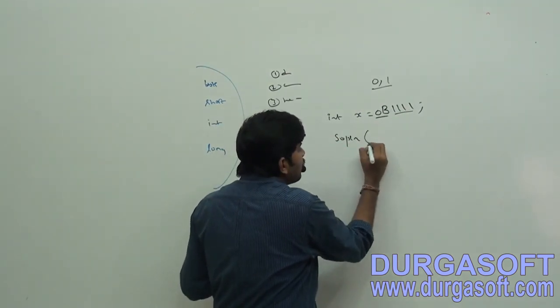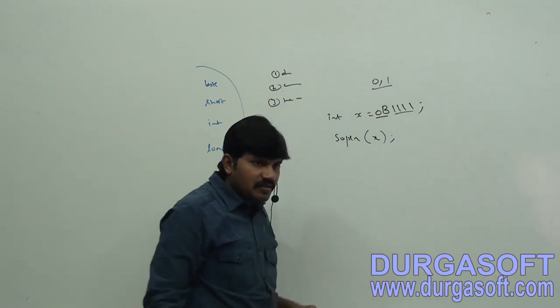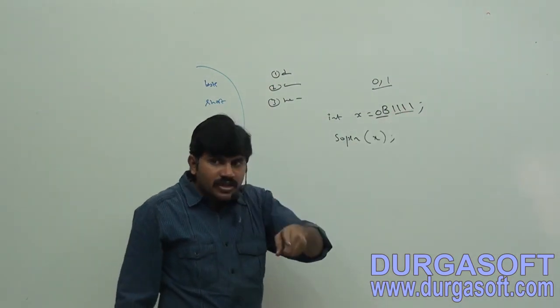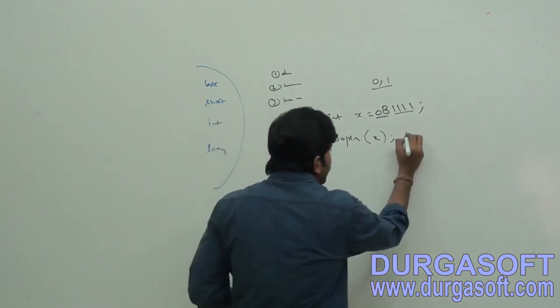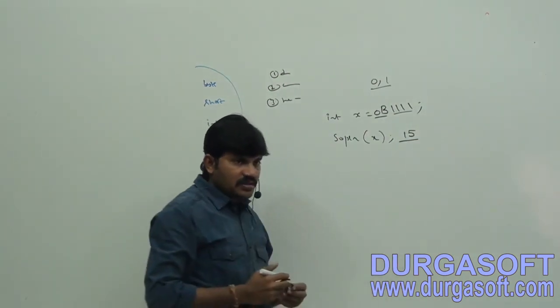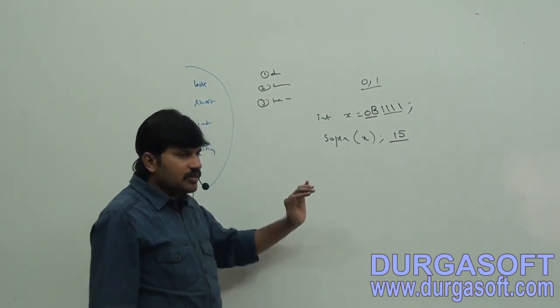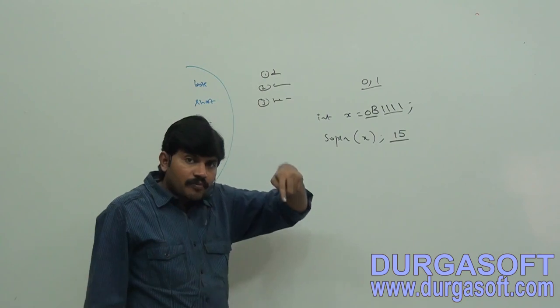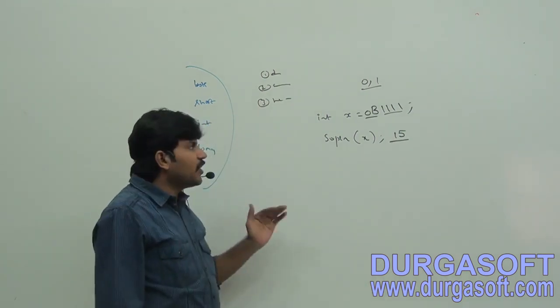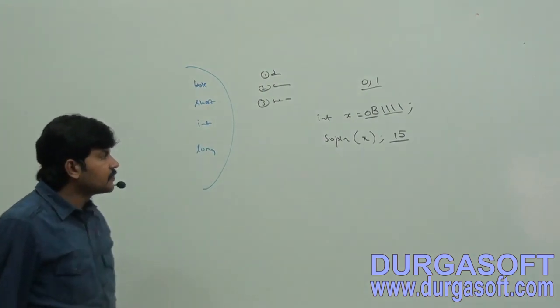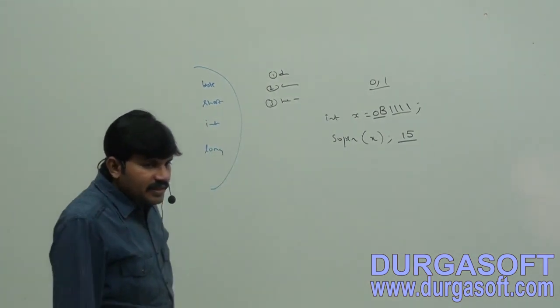If I print SOP of x, what is the answer? The binary number is converted to decimal, so we get 15. Until 1.6 version there were only three ways, but from 1.7 version onwards we can specify literal values in binary form also.